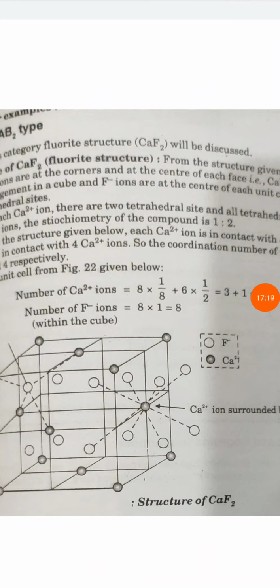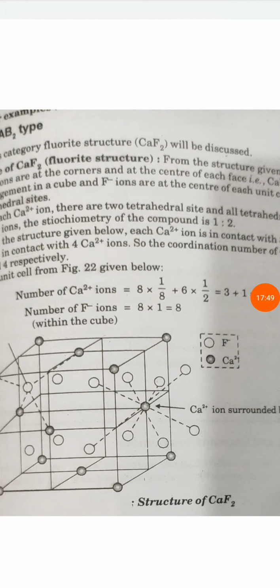For example, in an ionic compound of the type AB, the coordination number of A+ and B- must be the same. Similarly, in an ionic compound of AB2 type, the coordination number of A+ ion is double that of B-. The most stable structure can be predicted on the basis of coordination number, which is determined by the radius ratio.